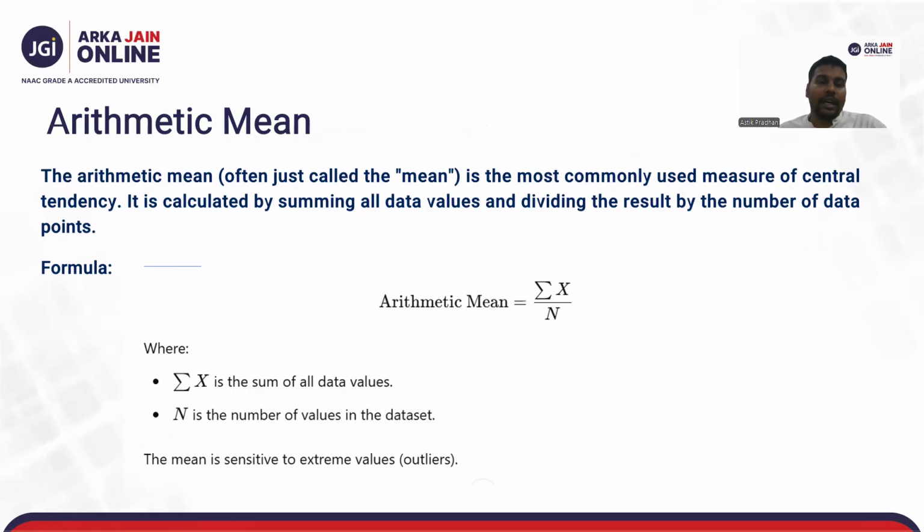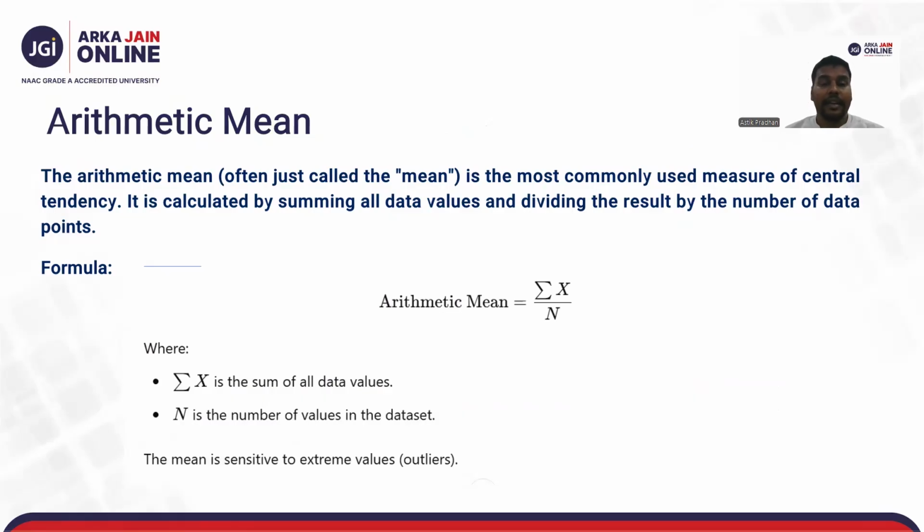Next, let's discuss some of the measures of your central tendency, and as I have already mentioned in the content part, one of them is your arithmetic mean. Now what exactly is it, let's understand first.